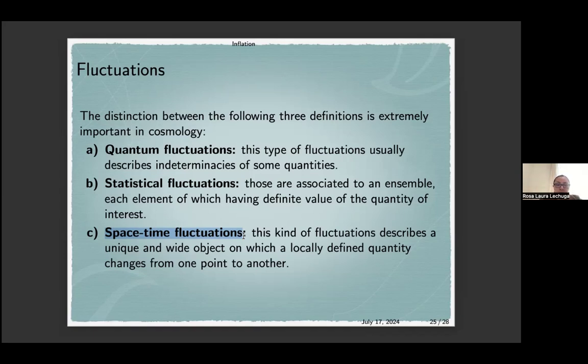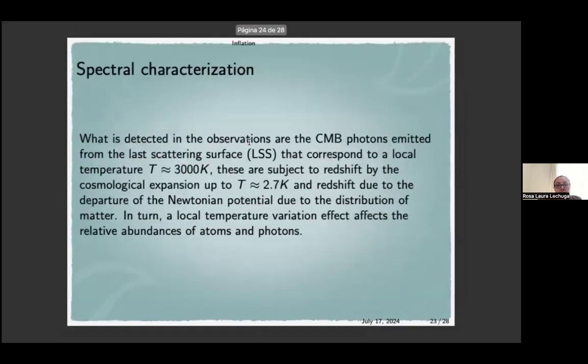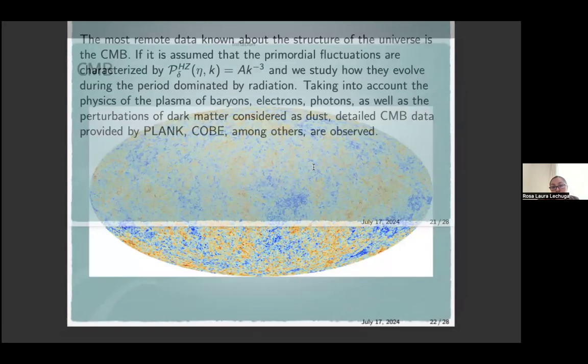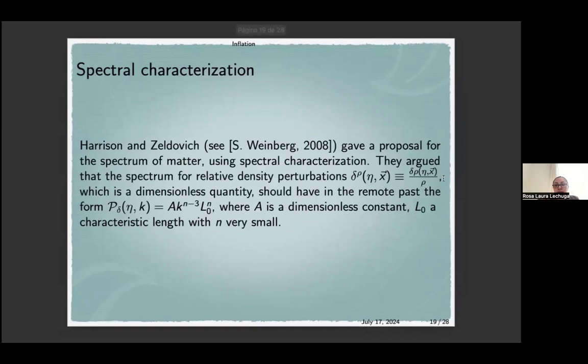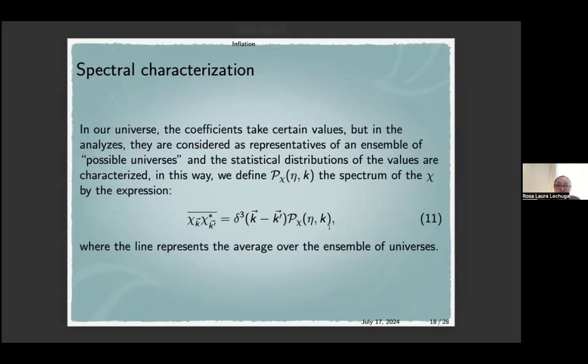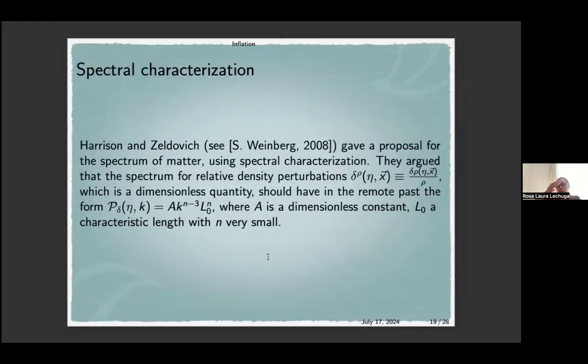It's different. In the case of the Harrison-Zeldovich approximation, they consider both fluctuations. First, how the quantity changes over space, but also they consider an average. And they consider how it changes when they take into account the ensemble of possible universes. So they have in mind two ideas of fluctuations.